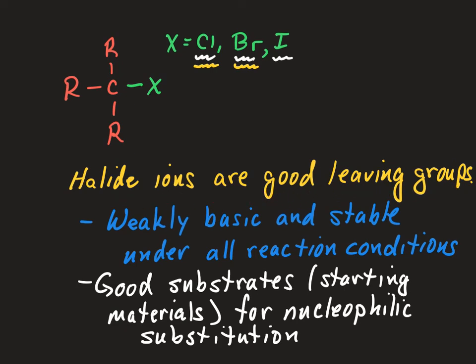Because in their negative forms, they are the conjugate bases of the hydrogen halide acids, and so they are very weak bases, right? So they are weakly basic, they are stable, and they're stable under all reaction conditions. And so alkyl halides make good substrates, that is, good starting materials for nucleophilic substitution reactions.